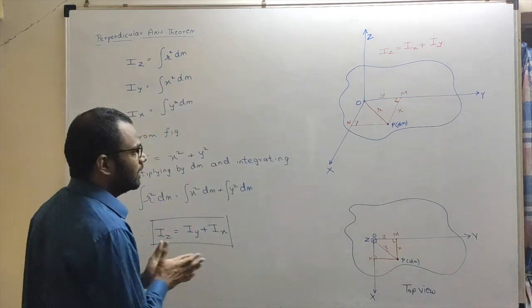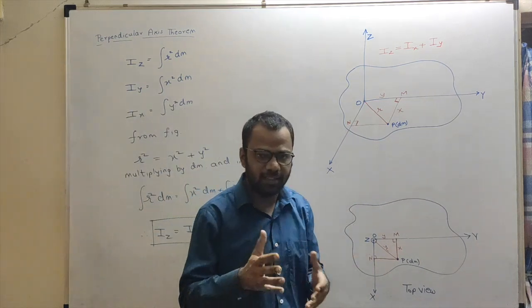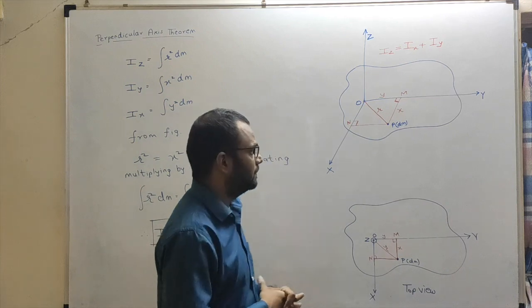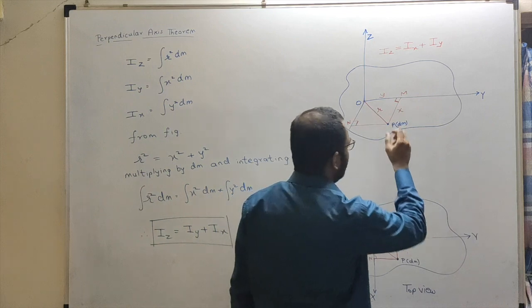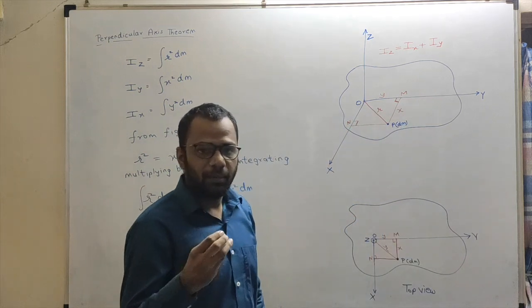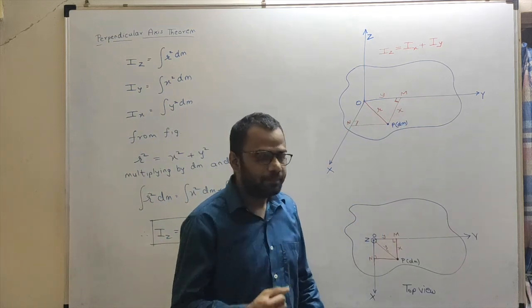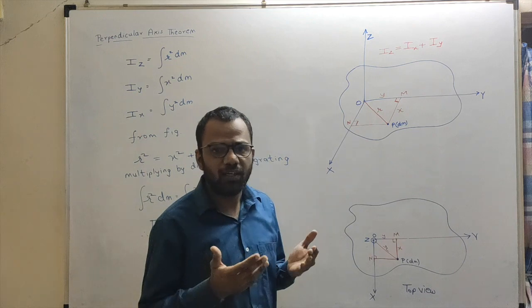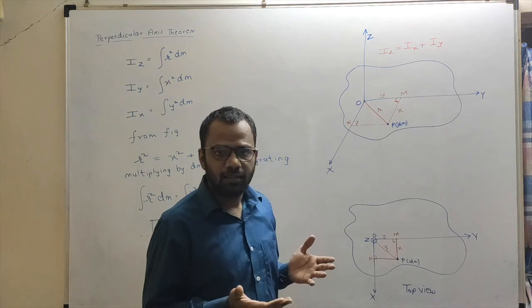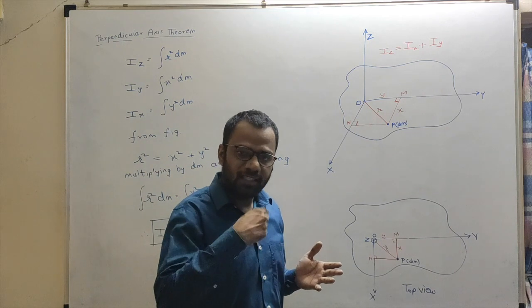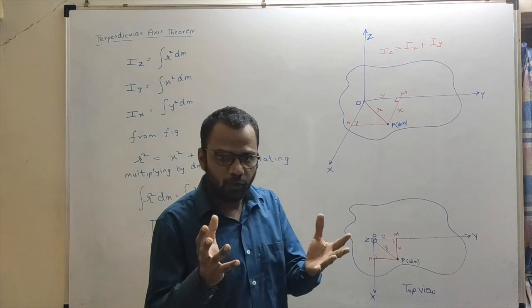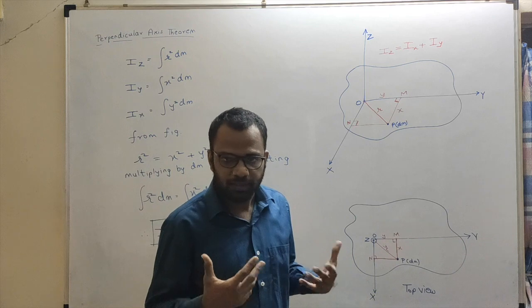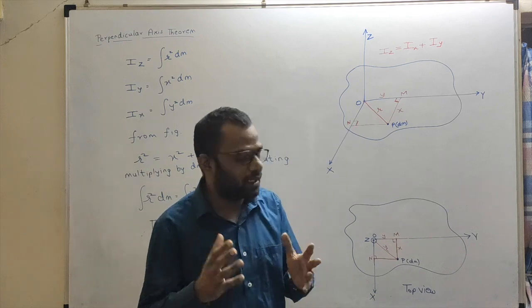Okay, now let us prove it. Now this is comparatively easier than the parallel axis theorem. Now again, we have to take a certain point P. Let the mass of the particle at P be dm, and we require perpendicular distances from the three axes, right? And that perpendicular distance square into dm integration will give us the moment of inertia about that particular axis. Okay, now we have talked about this a lot of times.